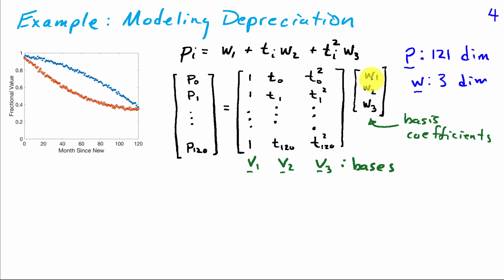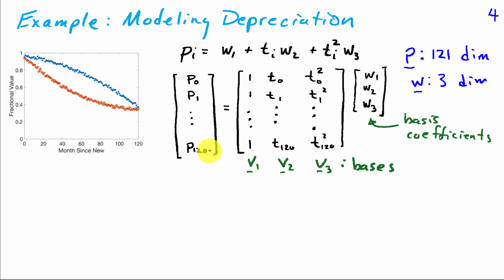coefficients. What's happening here is that we're representing the price vector, which is 121 dimensions, as a sum of a constant vector V1 plus a linear vector term V2 plus a quadratic vector term V3, where W1 is the basis coefficient associated with the constant basis V1, W2 is the coefficient associated with the linear basis term V2, and W3 is the coefficient associated with the quadratic term.